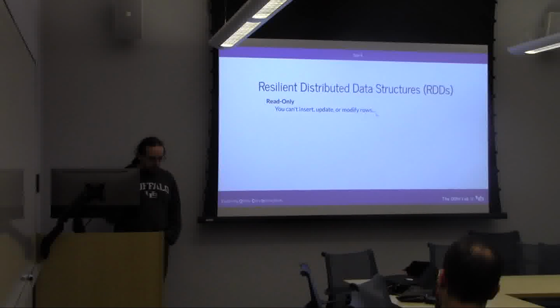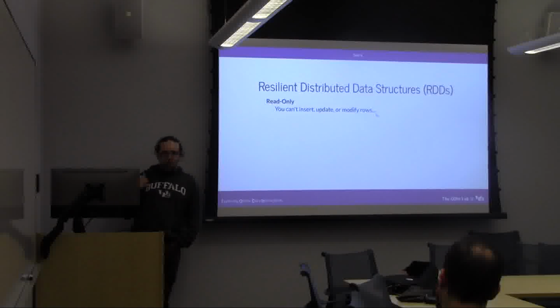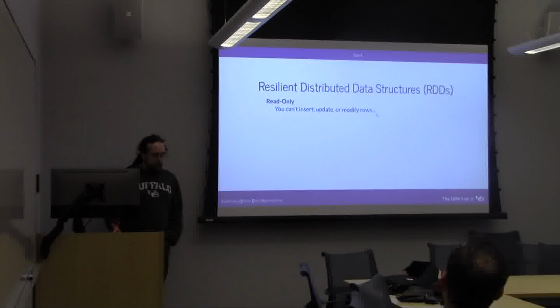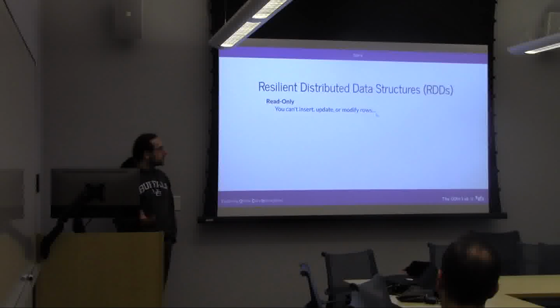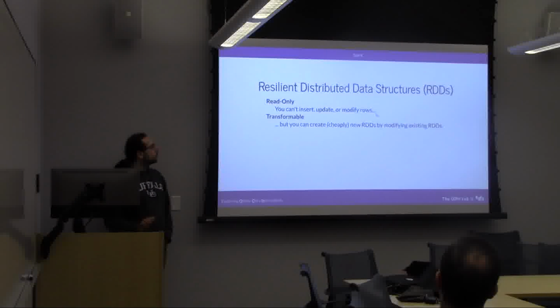It's essentially a bunch of rows of data with a couple of caveats. First off, it's read-only. So unlike a classical database table, you can't insert, update, or modify. You can only read, you can only run select statements on the table.